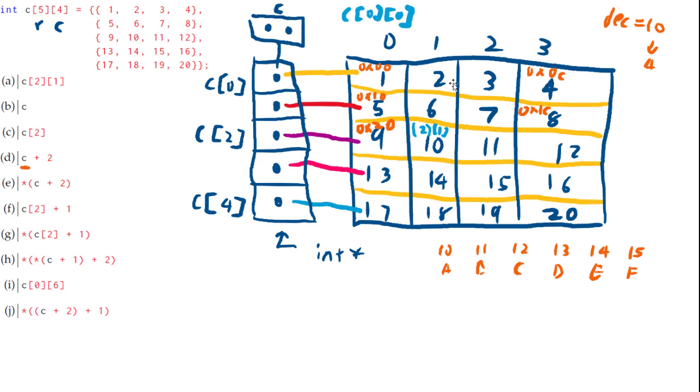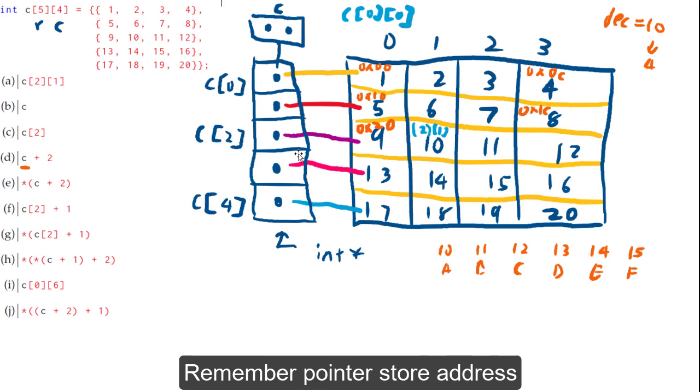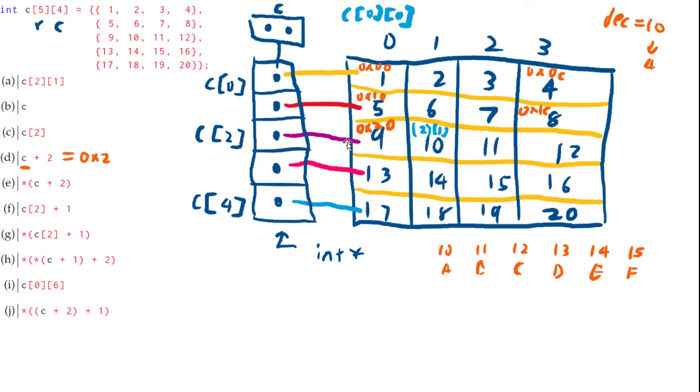That means we are going forward, so we are at C2. So the address of C2 is actually 0x20, okay?